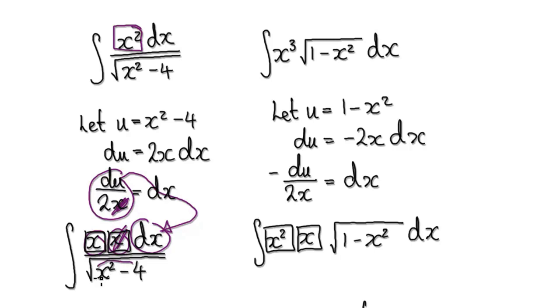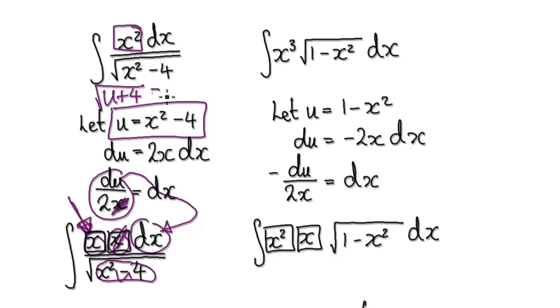And then this thing here would be u, but you still have a block of x here. So you would need to translate this block of x. You would need to go back to here and rearrange it to make x the subject, so the square root of u plus 4 equals x.